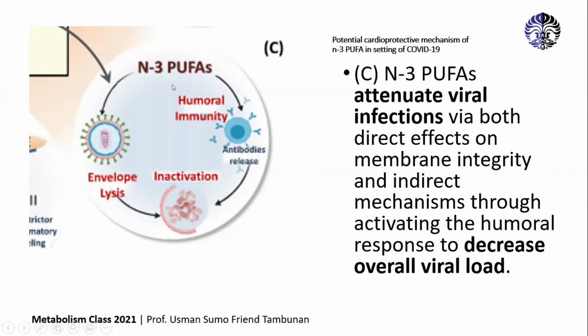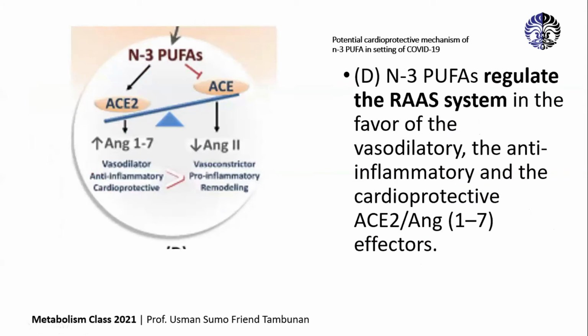So n-3 PUFA can, through envelope lysis and humoral immunity, release antibody, and this ends up with inactivation of the virus. N-3 PUFA also can regulate the RAA system in favor of vasodilatory, anti-inflammatory, and cardioprotective effects.